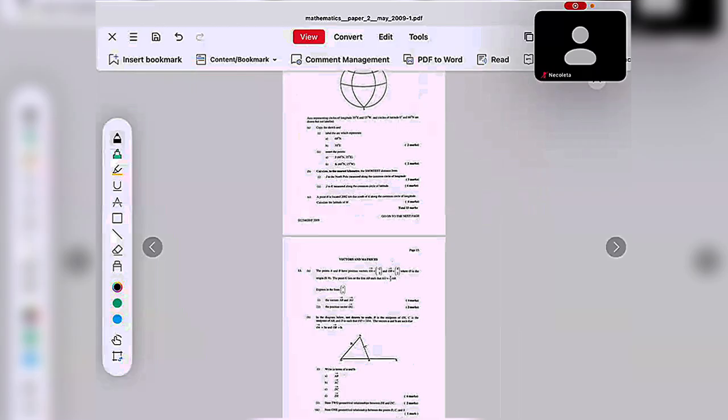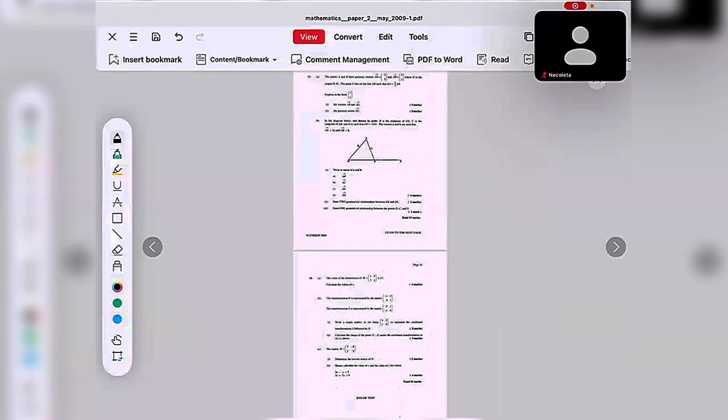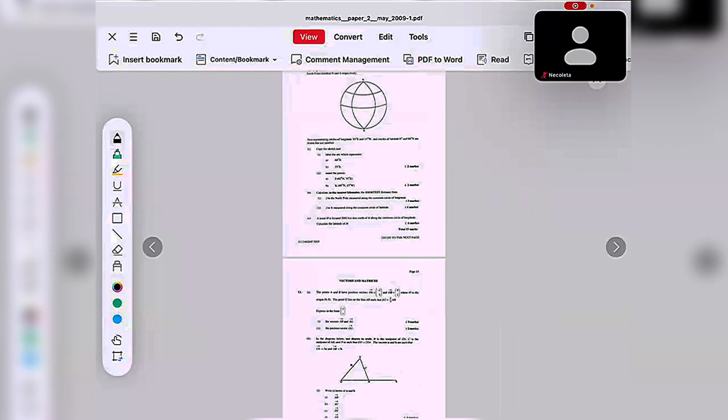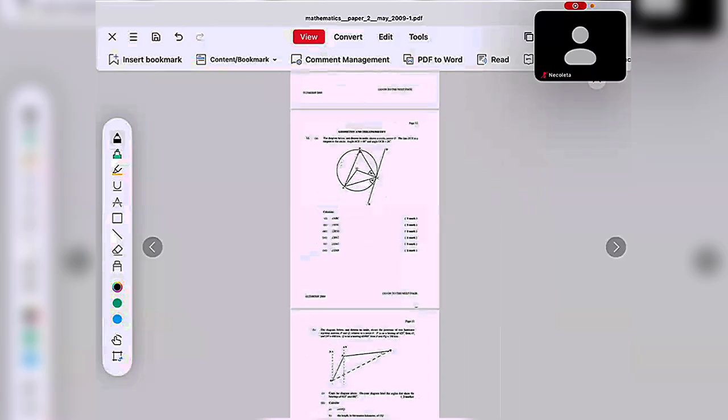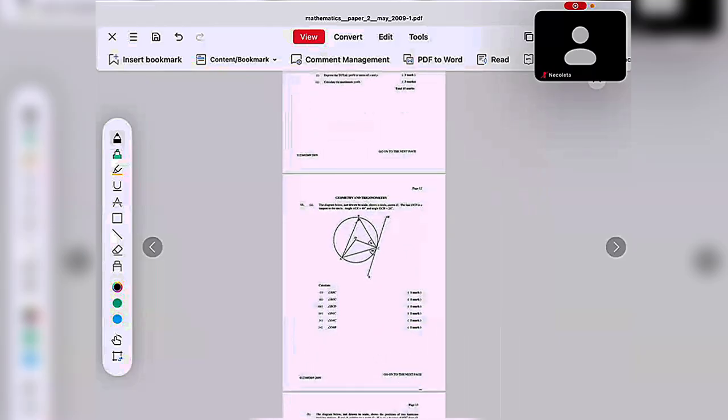I looked at question 12 but did not pick that. So I chose question 11 and question 13. Or was it 14 that I picked? I think it was 14 and I did 13 as backup. So I know I did question 14, I attempted question 13, and I'm sure that I did question 11.